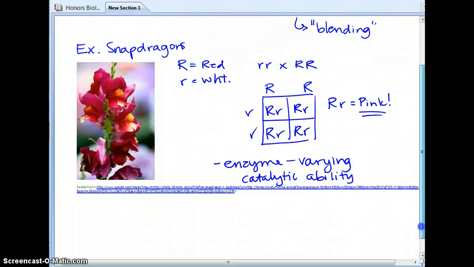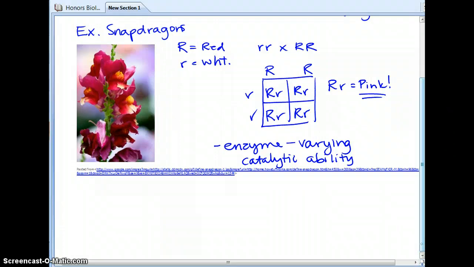So it's red to pink to white, and that is incomplete dominance because neither of those alleles is dominant over the other, and neither masks the other, and instead you get a blending of those traits.